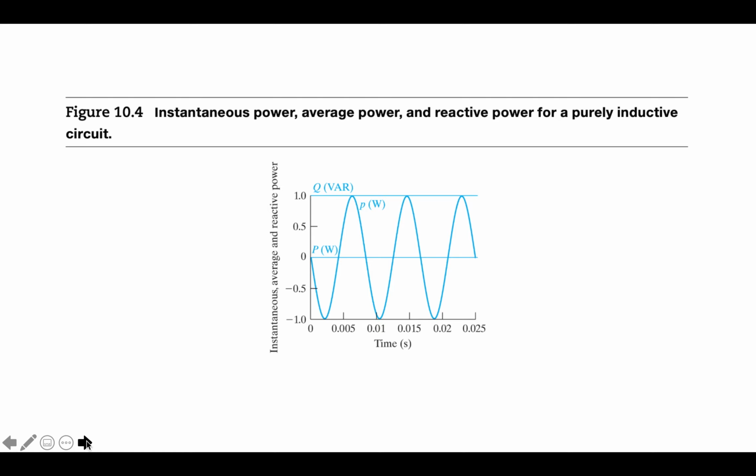Here is the graph of the instantaneous power, the average power, and the reactive power for a purely inductive circuit. The average power obviously is going to be 0. Q is going to be a maximum. The instantaneous power, once again, will have twice the frequency of the voltage and current.